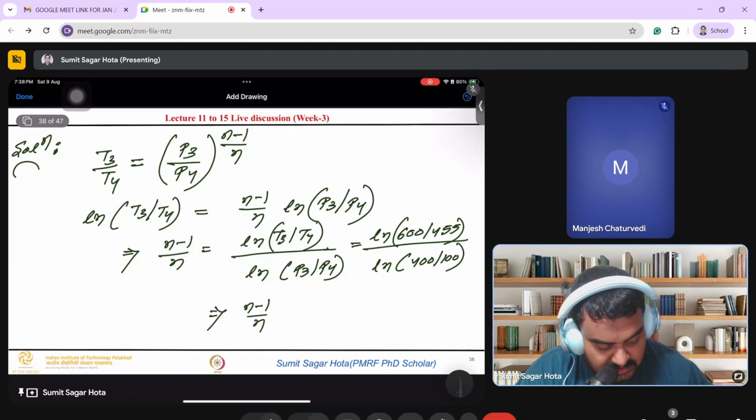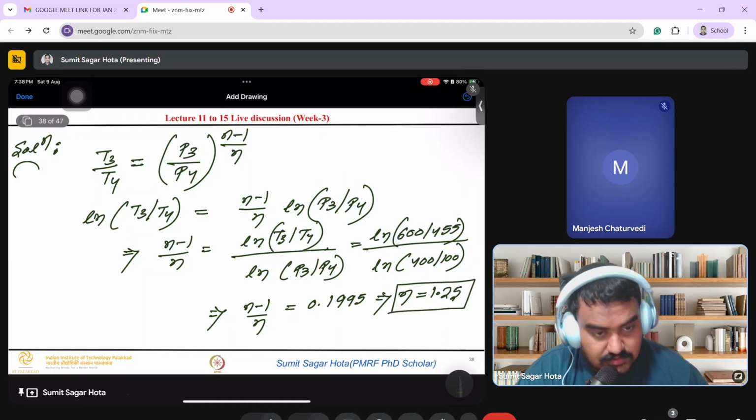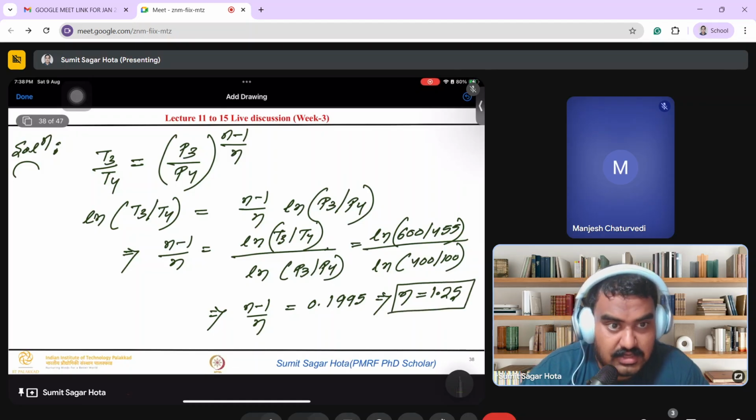N minus 1 by n is equal to 0.1995, which implies n is equal to 1.25. So this is the answer for n.